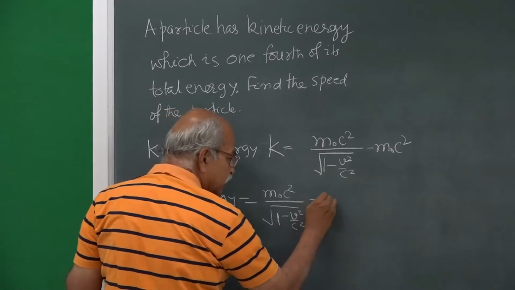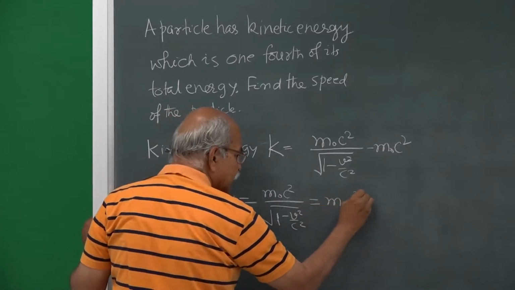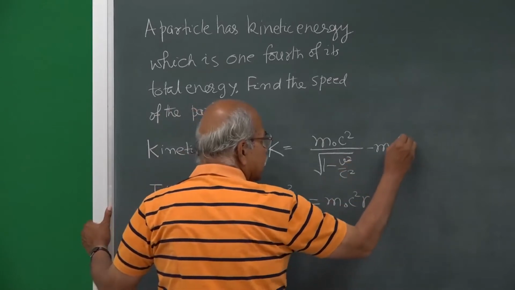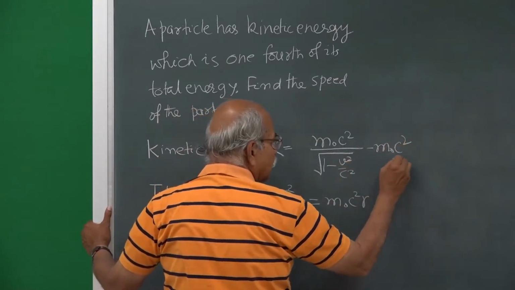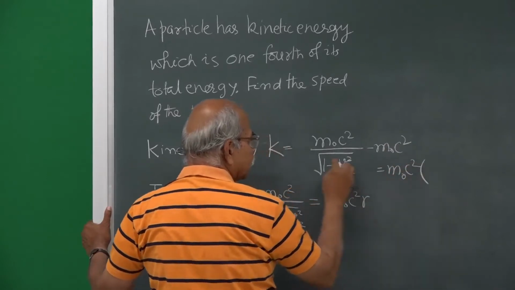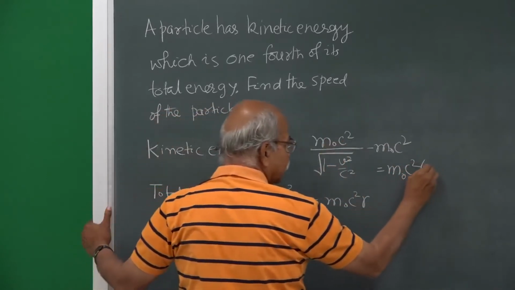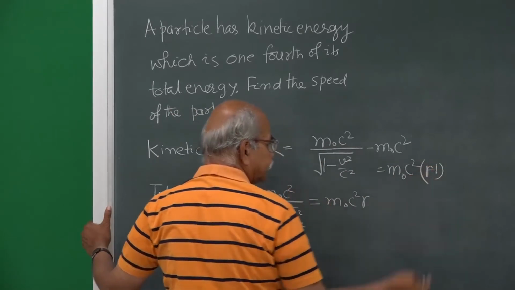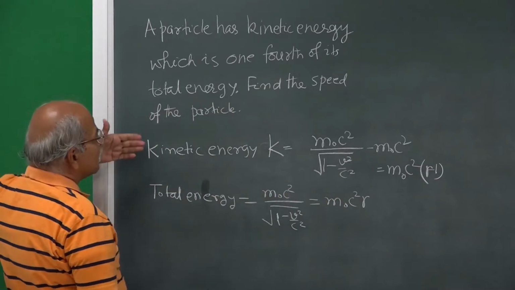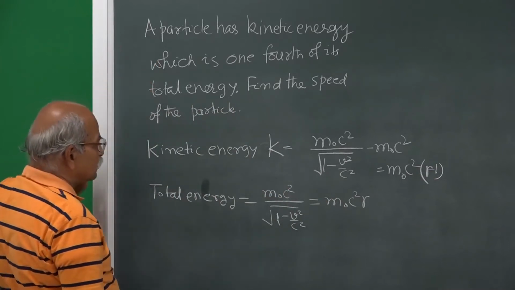You can write this as m naught c square gamma, and if you take m naught c square common, it is gamma minus 1. So, this is 1/4 of the total energy.